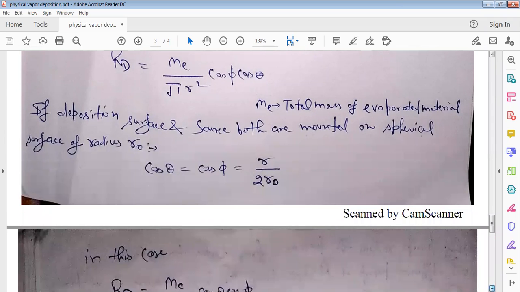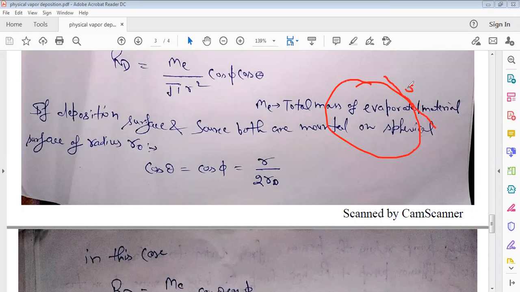Now, if both the source and the substrate are mounted on a spherical surface of radius r naught, suppose we have a spherical surface of radius r naught, and onto that surface, let's say this is the substrate, and this is your source. These are mounted on the same spherical surface. Let's say this is the center.